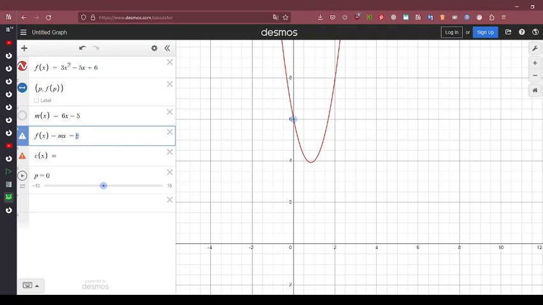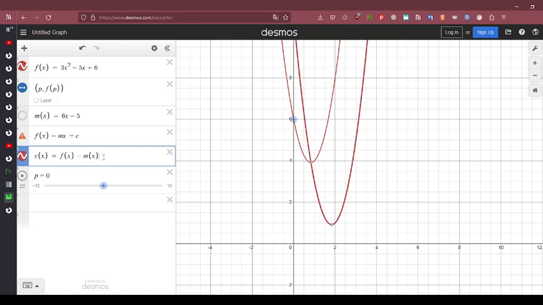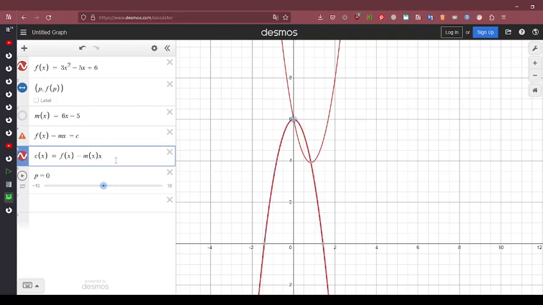So we can define the function c of x as f at a certain x value minus m, the gradient at a certain x value, times x. And that is it. That is our c function.